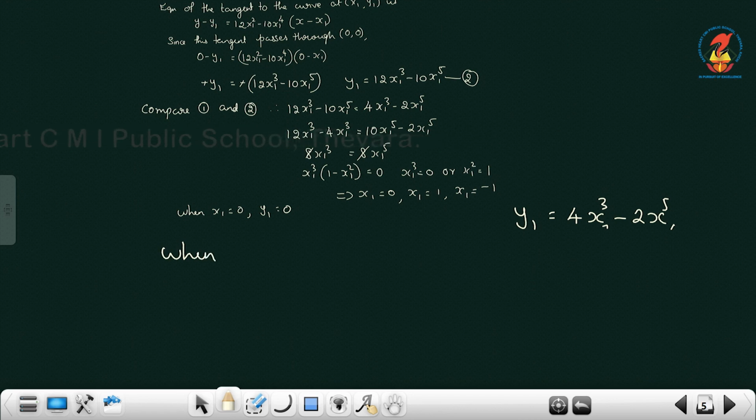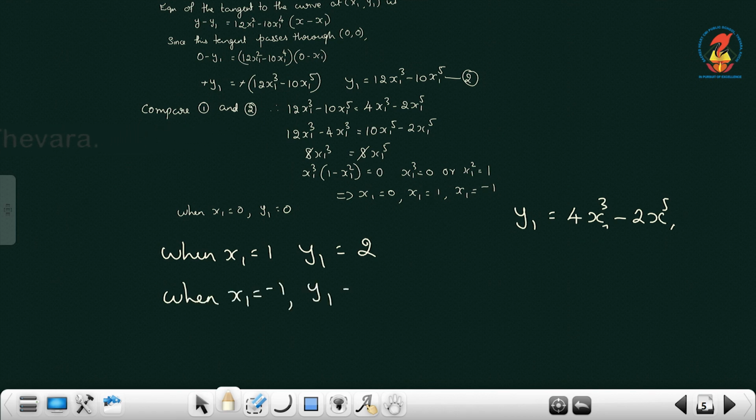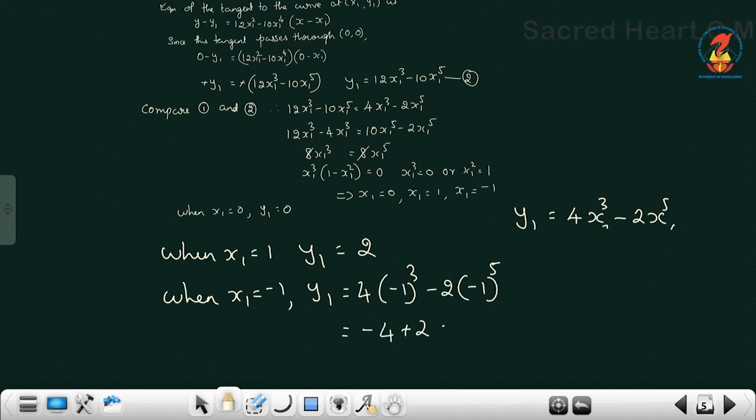So when x1 is equal to 1, y1 is equal to 2. So when x1 is equal to minus 1, y1 is equal to 4 into minus 1 cube minus 2 into minus 1 raised to 5. So that is minus 4 plus 2, that is equal to minus 2.